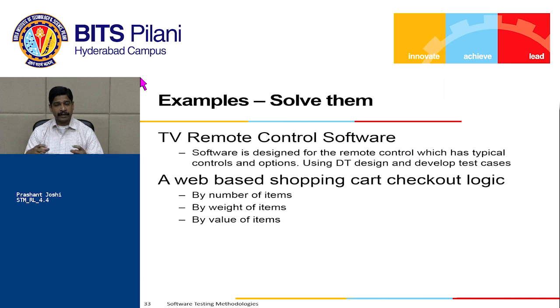If I can visualize, there is a numeric pad to enter the channels. Then there is a volume up down button. Then we look at channel up down button. There are menu options. You look at menu, back, scroll, selection like the enter or the OK. Thus, you have got a lot of set of those controls which enable use cases.